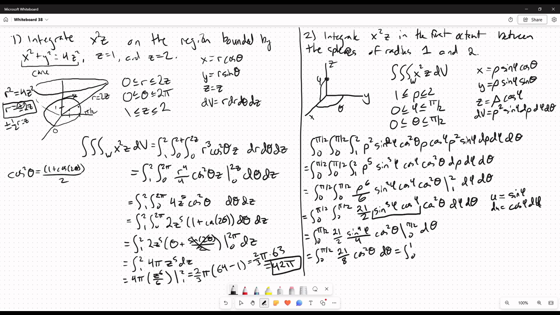So that's going to turn my integral into the integral from 0 to pi over 2, 21 over 16, 1 plus cosine of 2 theta. I took care of the over 2 by multiplying my denominator by 2.